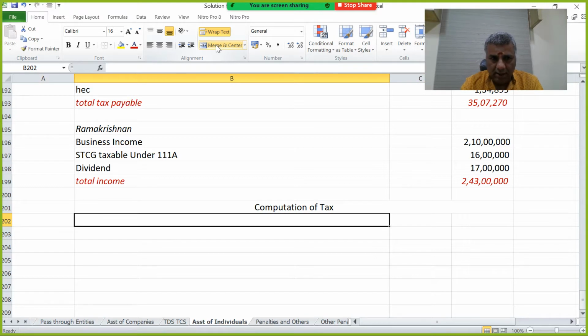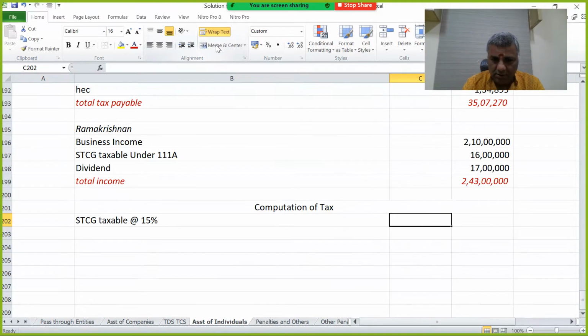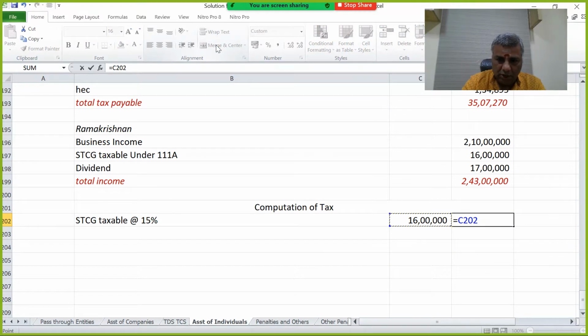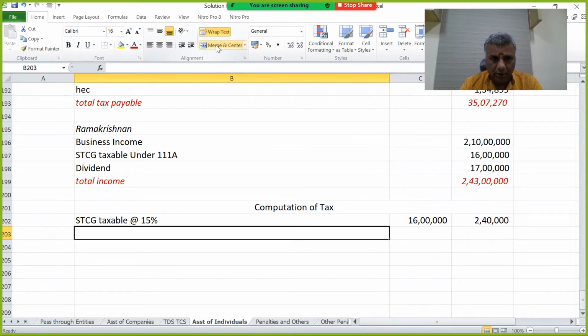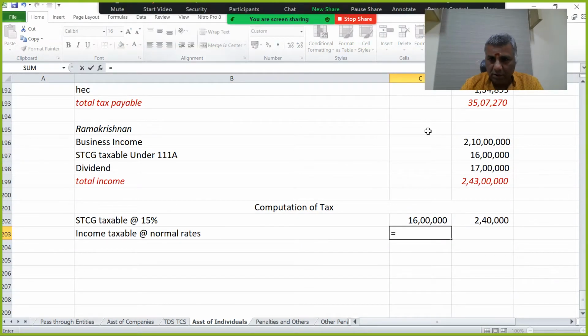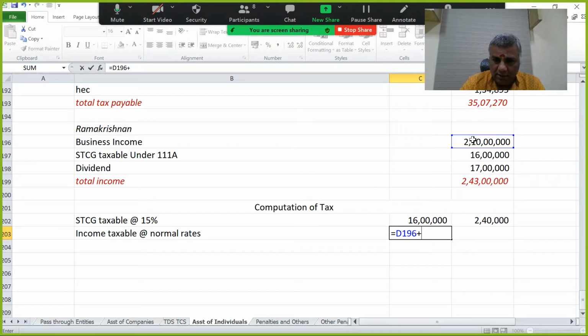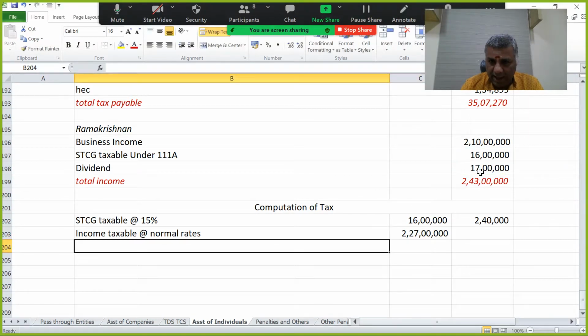Computation of tax. STCG taxable at 15%, so it will be into 15%. Income taxable at normal rates is this plus 17 lakhs.